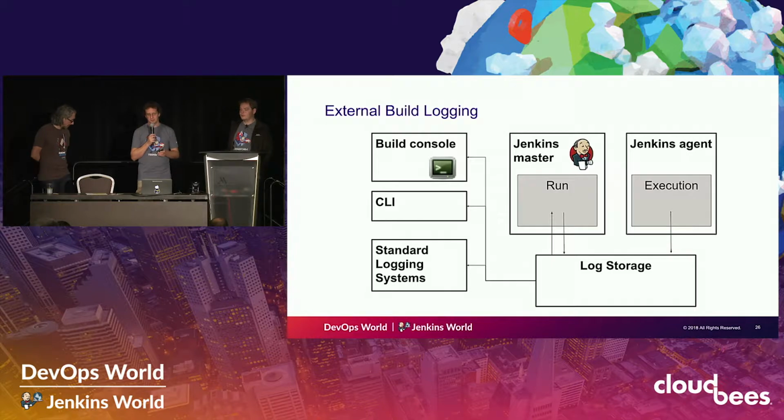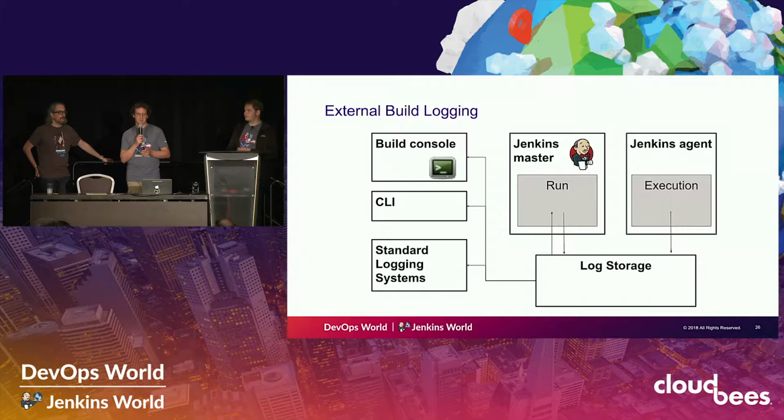So what we've done for external build logging is make it possible for Jenkins to know about an external log storage system. We have a couple implementations in progress using Elasticsearch Logstash as well as Amazon CloudWatch logs. But again, these are more examples of the concept than anything else.